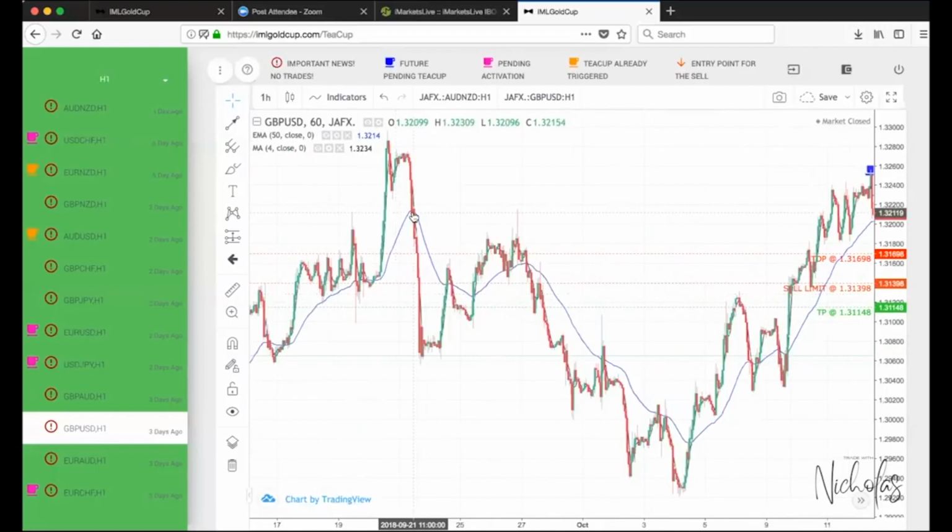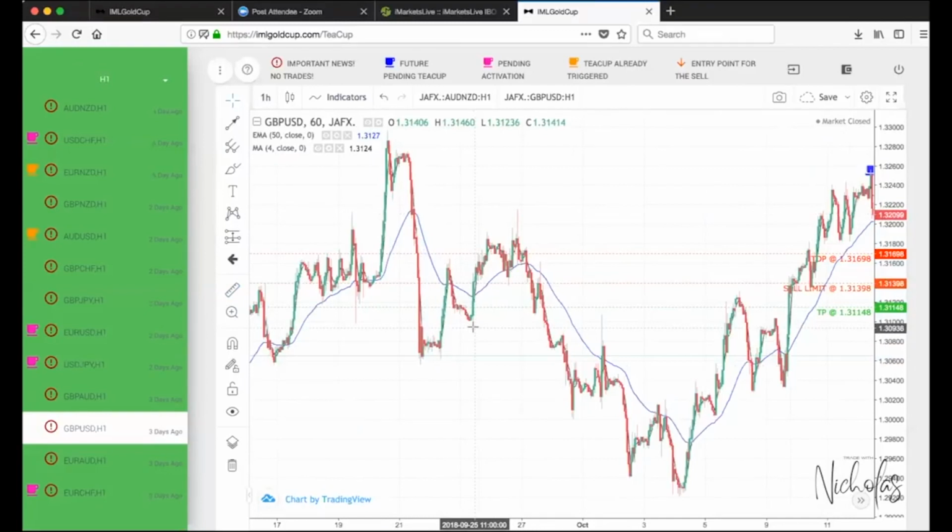I'll see that from this distance to this distance, from the bottom here to the cross, I traveled a total of 153 pips. You guys see that? 153.